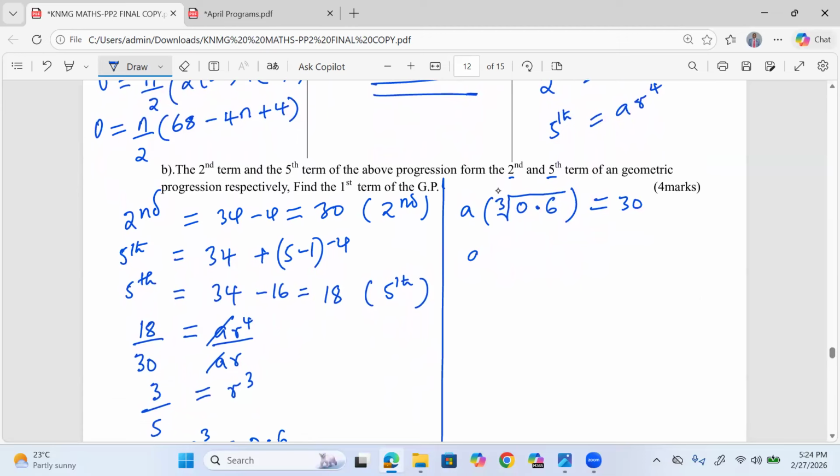So that the value of A now becomes 30 divided by the cube root of 0.6.